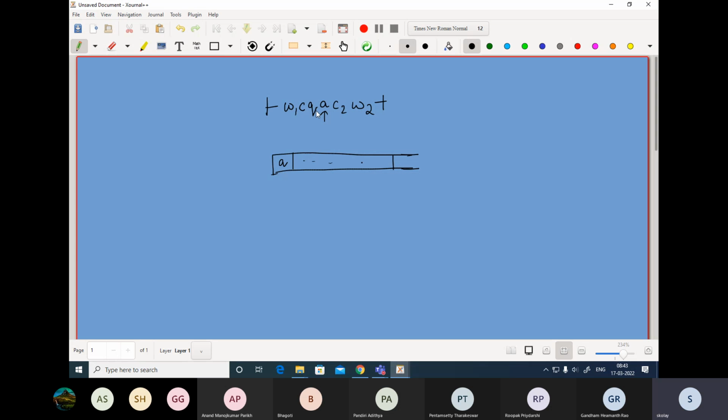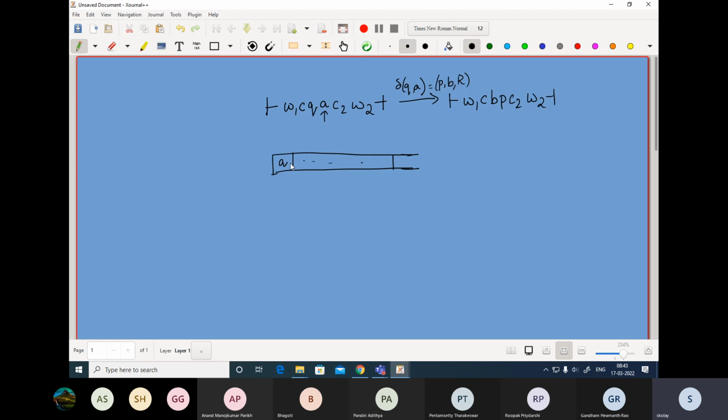So notice that, suppose I am applying the transition delta(Q, A) = (P, B, R). Then this becomes W1 C B P C2 W2 right hand marker.